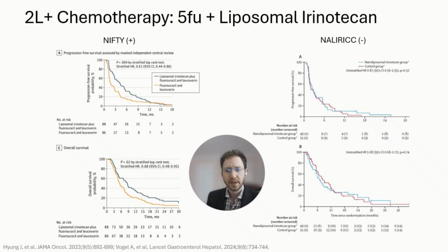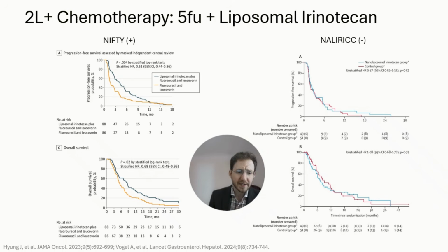When it comes to options outside of FOLFOX, the pool is pretty limited at this point. If there's not an actionable mutation or not a clinical trial available, we do have data that's a little bit mixed for biliary, with a PFS and OS benefit demonstrated in NIFTY that was not carried over into a very similar study, biliary.